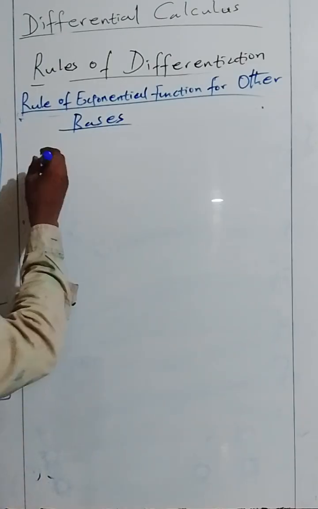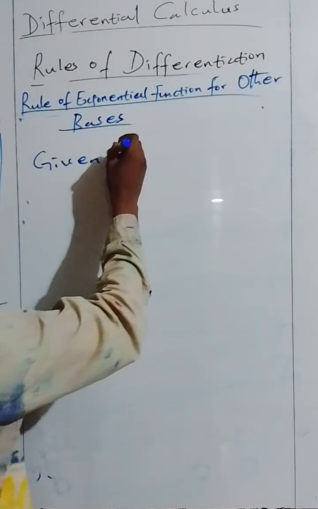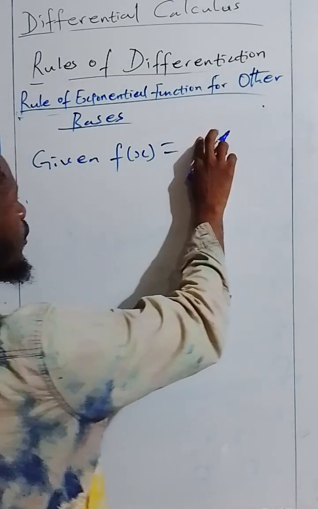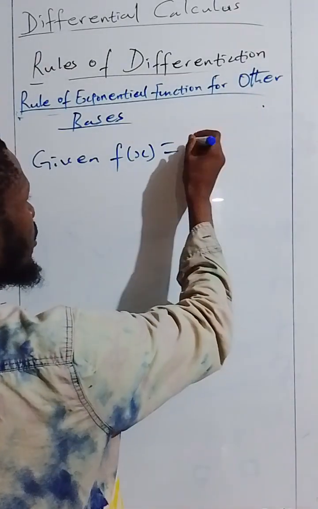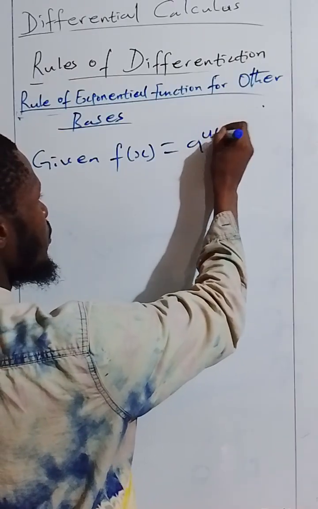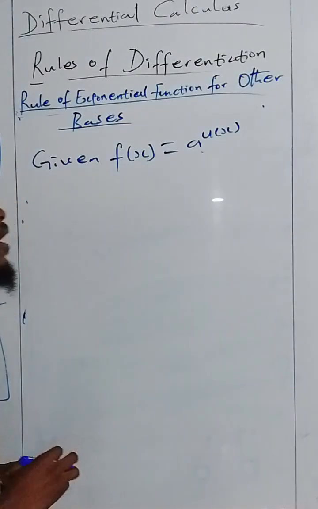So let's say we are given f of x equals, instead of e, which is the natural exponential, we are going to have another base. Let's say a raised to the power u of x, a raised to a particular function.